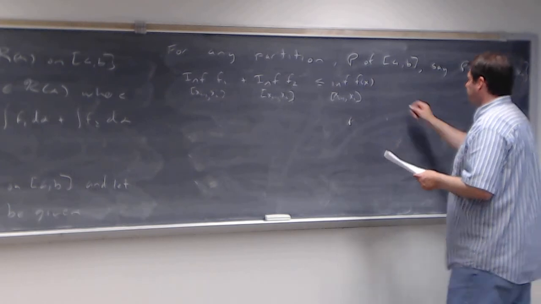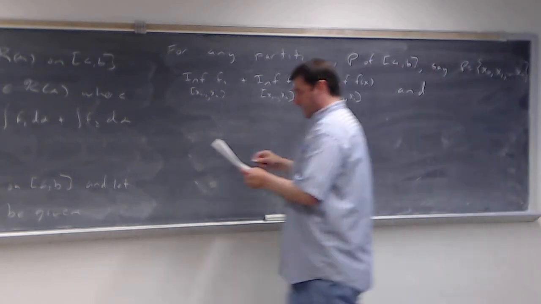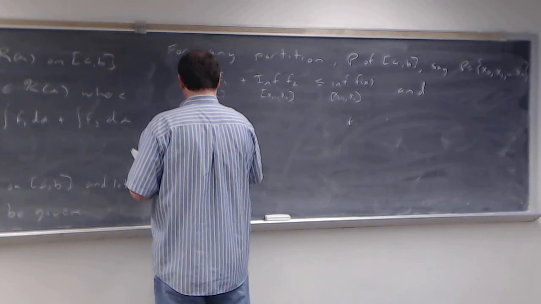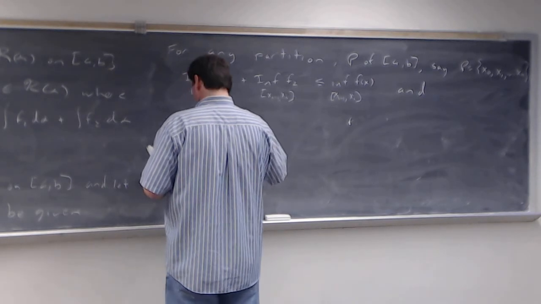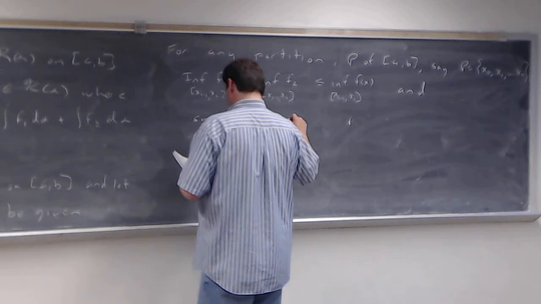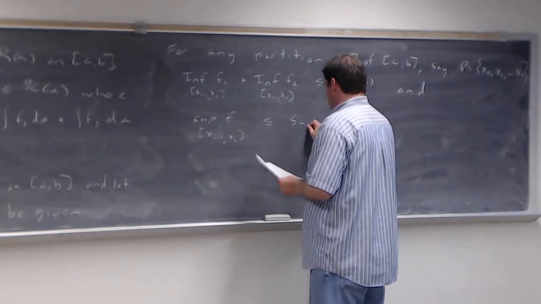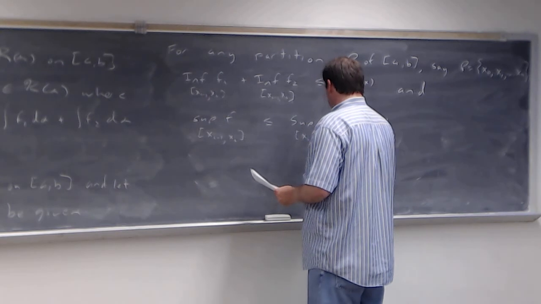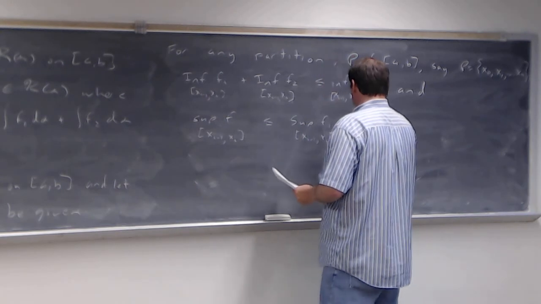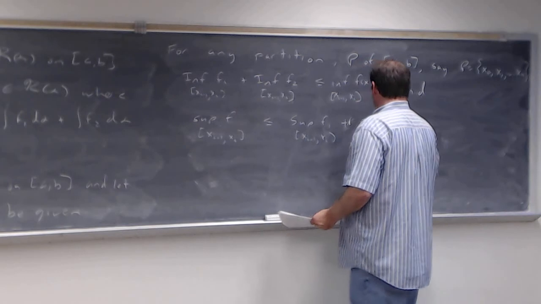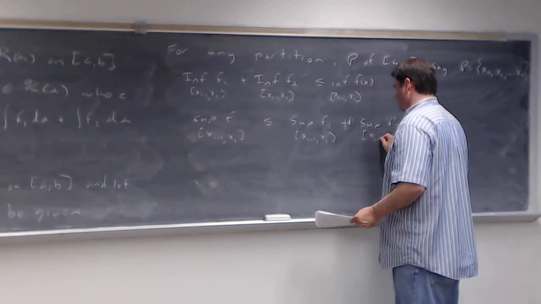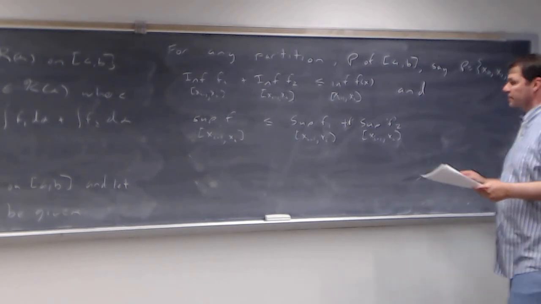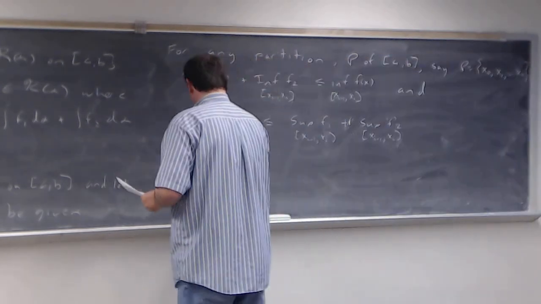Okay, and similarly, the sup of f over these subintervals is going to be less than or equal to the sup of f sub 1 plus the sup of f sub 2 over the subinterval. Okay. So this gives us an inequality with these sums.